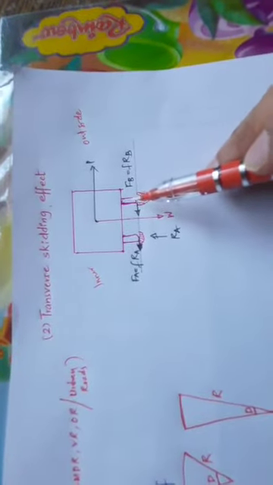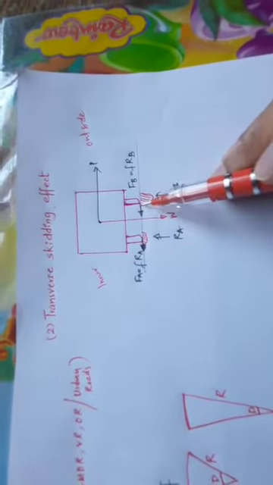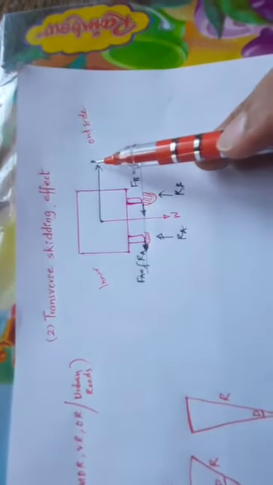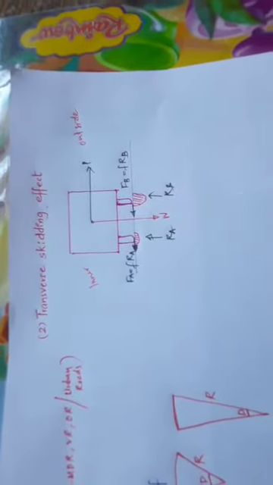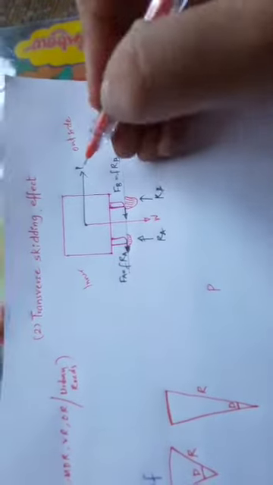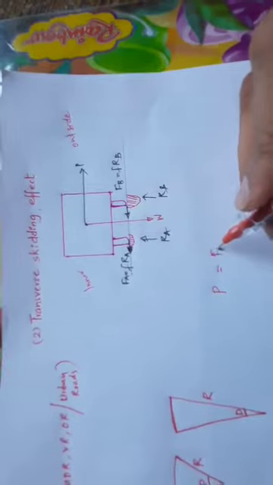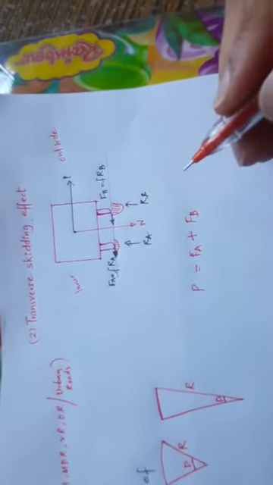At this particular point of contact between the road and the tire, the frictional forces are developed, which counter the centrifugal force. The equilibrium condition in transverse skidding is that P is equal to frictional force A plus frictional force B.